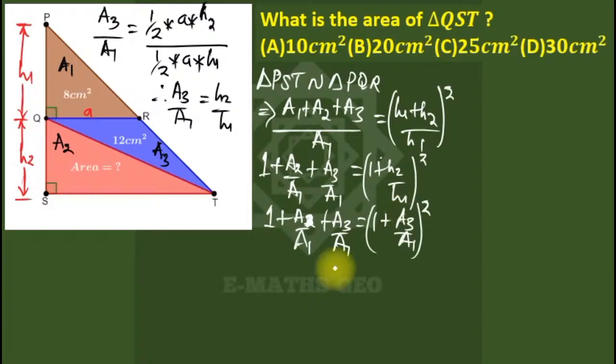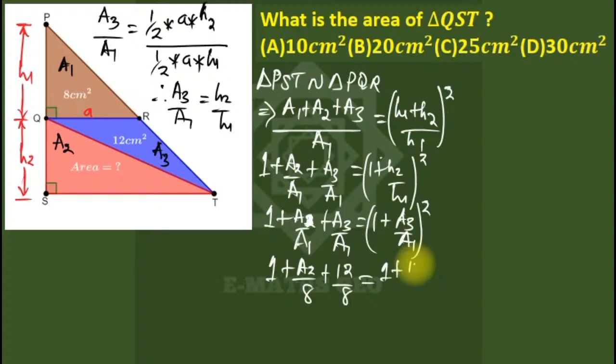So we are continuing. We'll substitute the values. A2 is what we are looking for. A subscript 2 over A1, which is 8, equals 1 plus A3, which is 12, that's 12 over 8, all squared.